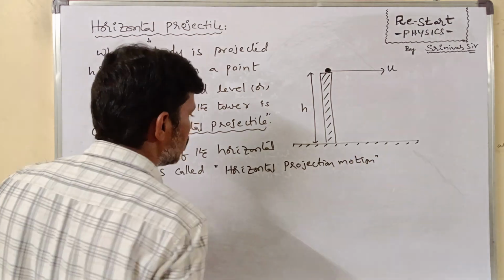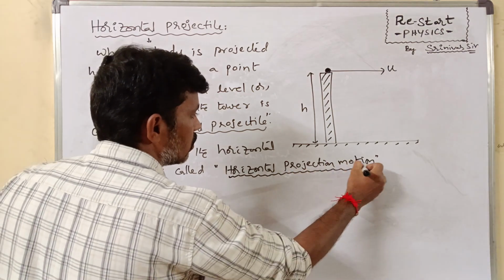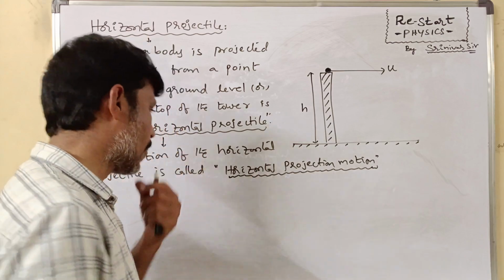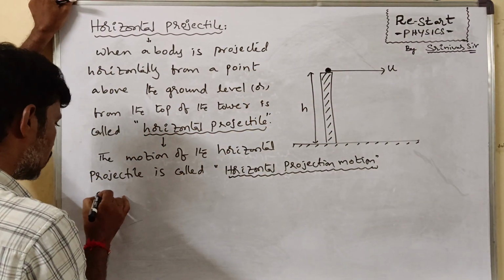We already discussed oblique projectile motion. Now we are discussing horizontal projectile motion. Then explanation.